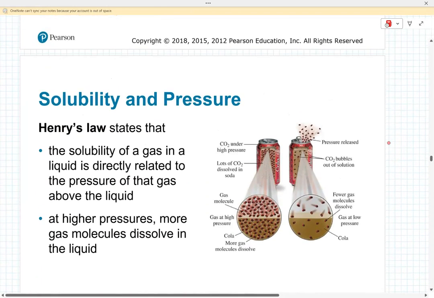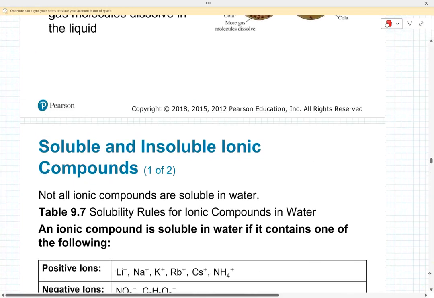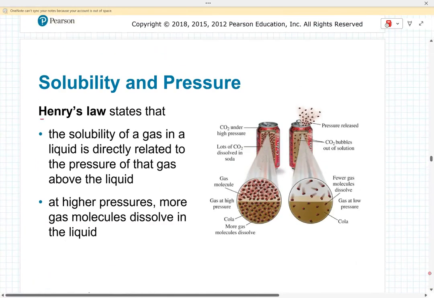So, those of you who go into medical professions, this is important. Henry's law is quite important. It states that the solubility of gas in liquid is directly proportional to the pressure of that gas above the liquid. Okay?